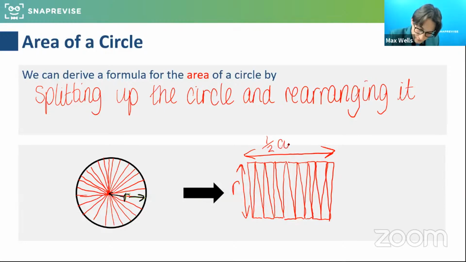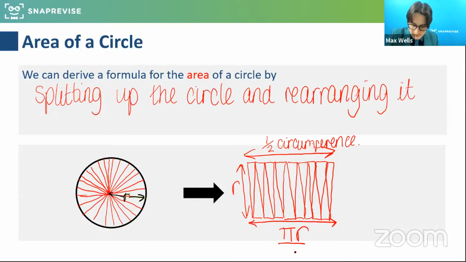Half of the circumference, because you've doubled up, would be the other length of that sort of rectangle that it's producing. Yes, we're on the right lines. So the length along here would be, remember the circumference was 2 pi r, or pi times diameter. So half of that is just pi times r, pi times the radius.